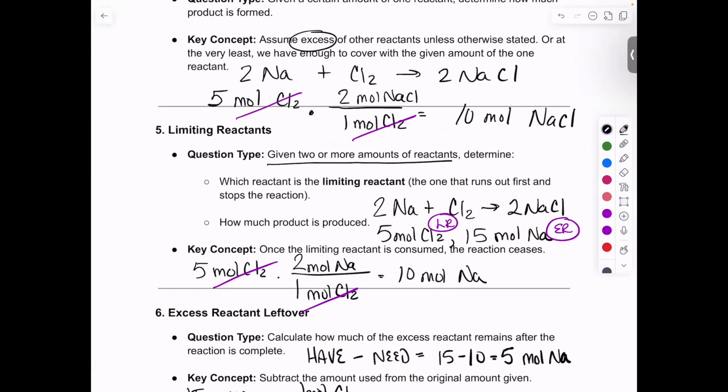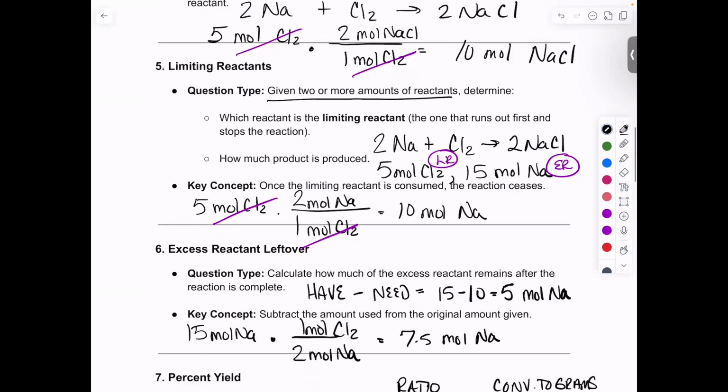Make sure it's balanced. Of course, always make sure it's balanced. Use the appropriate ratios, because not everything is a 1-to-1 ratio. You might need 3 moles of something to match 1 mole of something. In your cookbook formula, your balanced equation is going to tell you that, to apply the correct ratio.